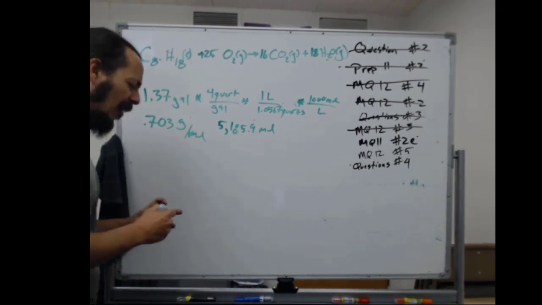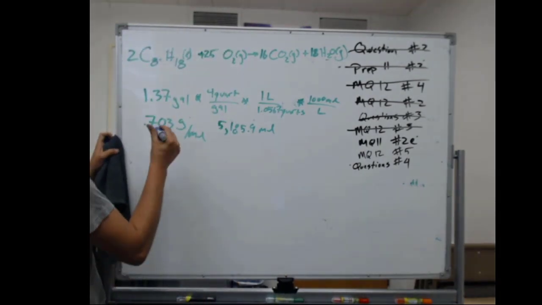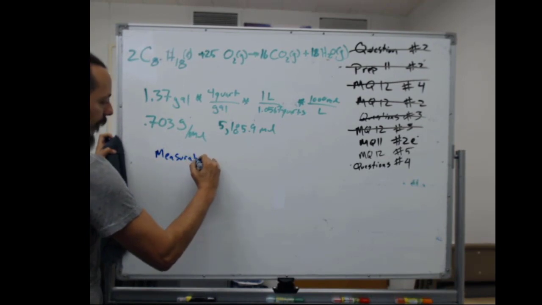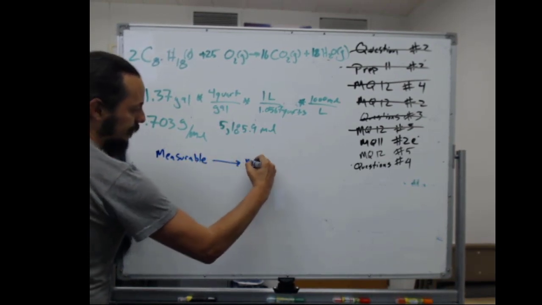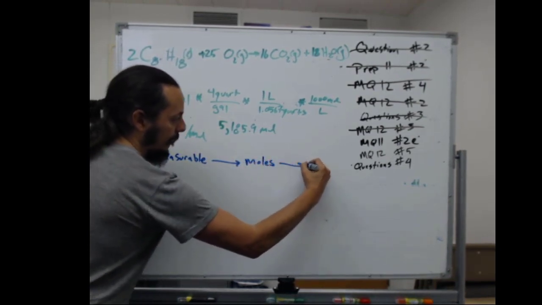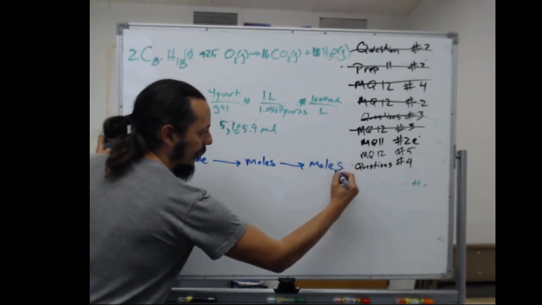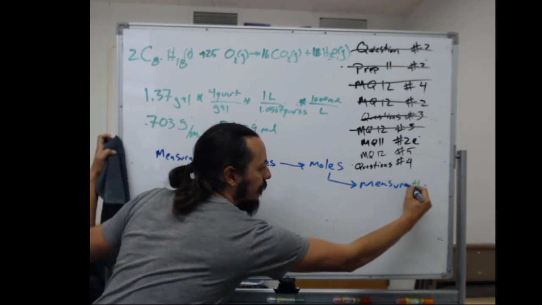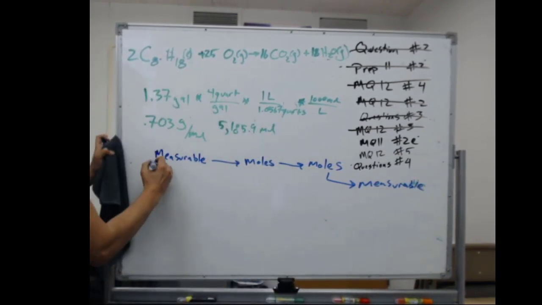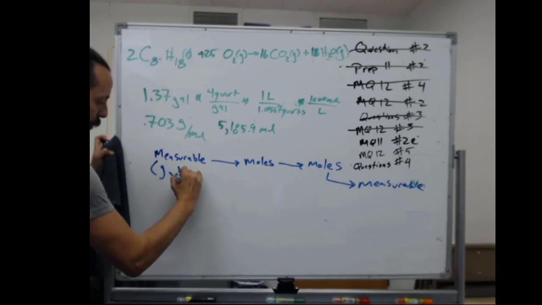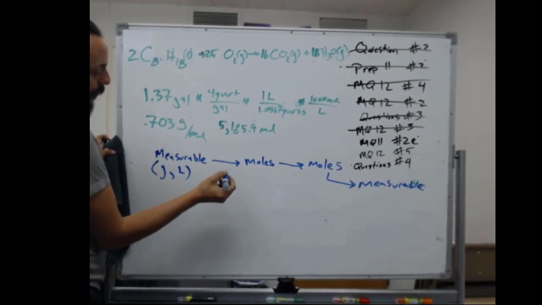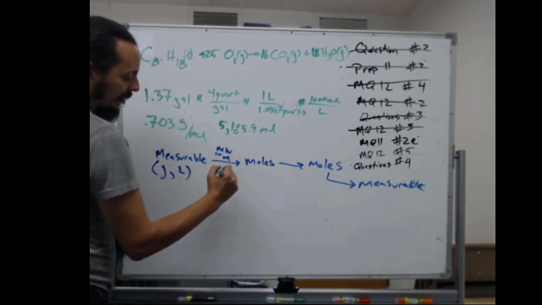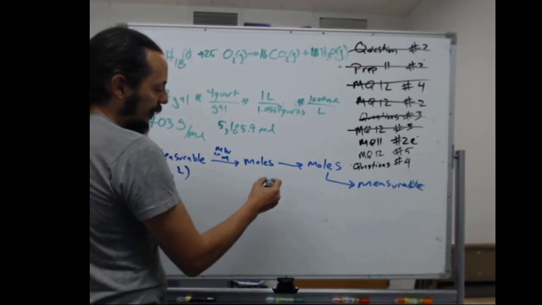So, just like all of our stoichiometry problems, we always follow this idea. The measurable is going to be grams or liters. We're going to use molecular weight or molarity to convert to a number of moles.